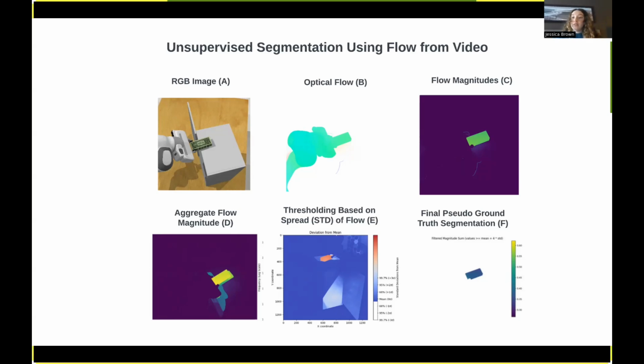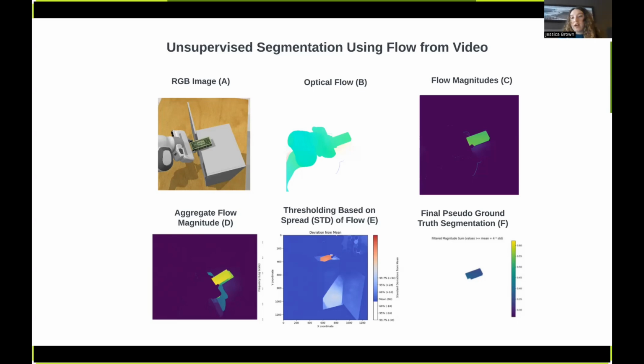After we have our aggregate flow magnitudes, which is a matrix of flow magnitudes where each pixel has a corresponding magnitude, we threshold based on the distribution of that flow magnitude data. We empirically discovered that the object being manipulated will have much higher flows than everything else in the video, because we assume that the action object, or the object instance being manipulated, is the only thing that should be moving other than the robot and the human.